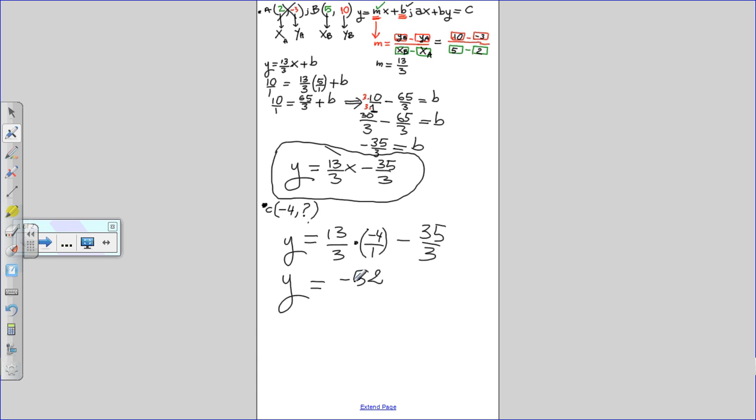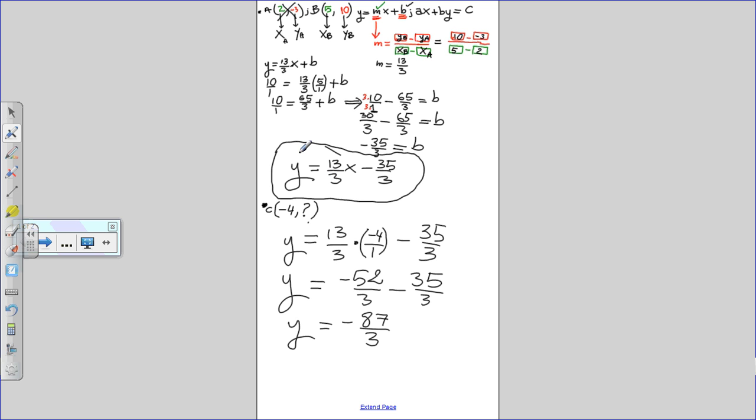Okay, so what we can do here is we can just say y equals 13 over 3 times, as I said here, the x is negative 4, so I'm going to write that in parentheses as negative 4 over 1 minus 35 over 3. I hope you're comfortable enough to work with fractions, because that's really what it comes down to.